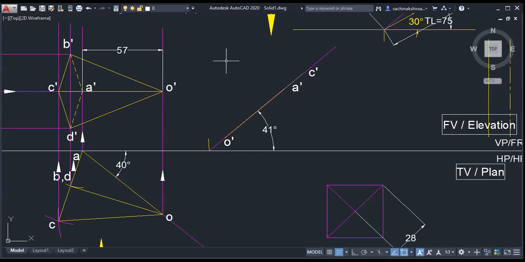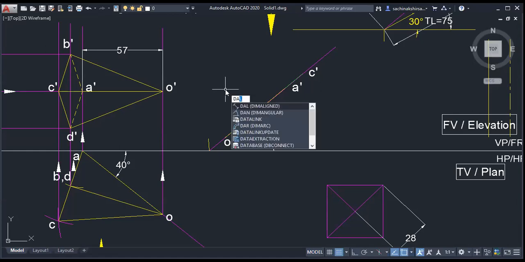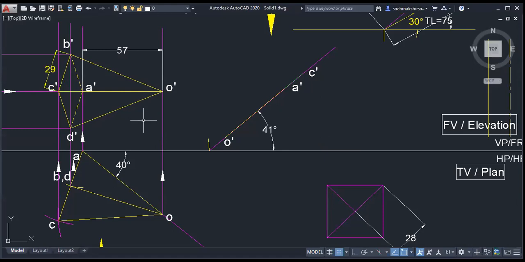How much is it? Can anybody tell? Two lengths I should know, then only I can locate B dash. 29. 30. 29, 30, both are correct. I will say 29 or 30. Okay.